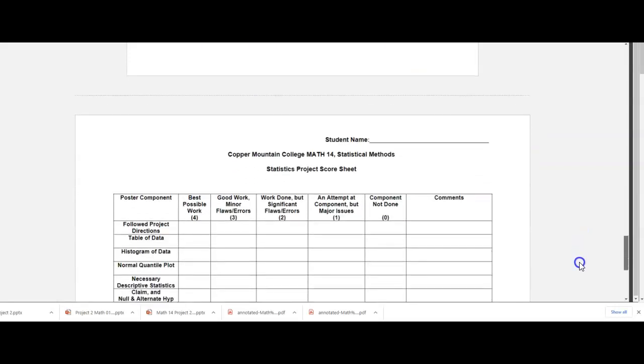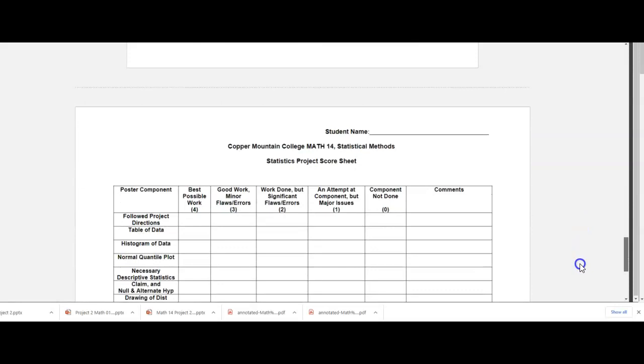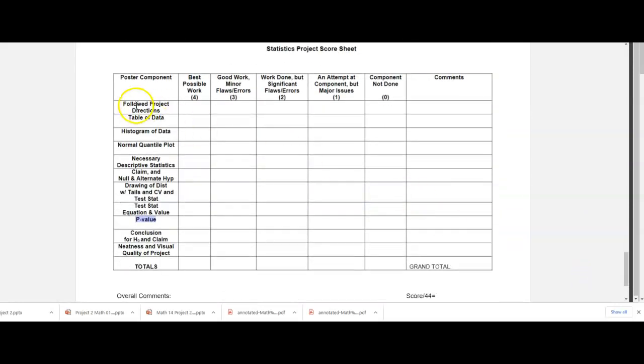Now below you can see the rubric, or the scoring sheet. You should have followed the project's directions.